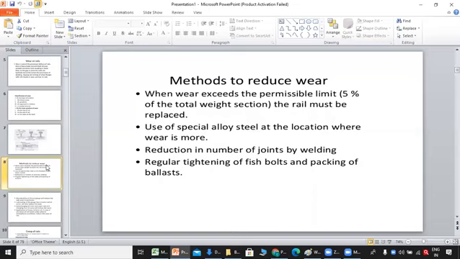When wear exceeds the permissible limit, 5% of the total weight of section, the rail must be replaced.